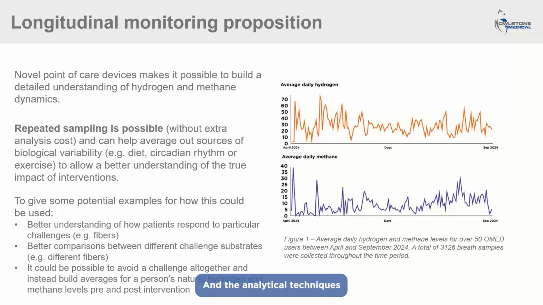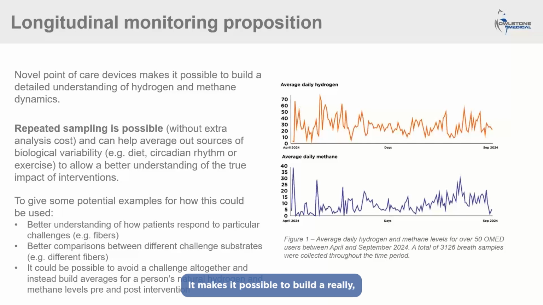The analytical techniques currently used with HMBT tests would make longitudinal analysis very, very expensive. And this is where novel devices come in as optimal tools for clinical practice and research, making longitudinal monitoring possible at no extra cost per sample.